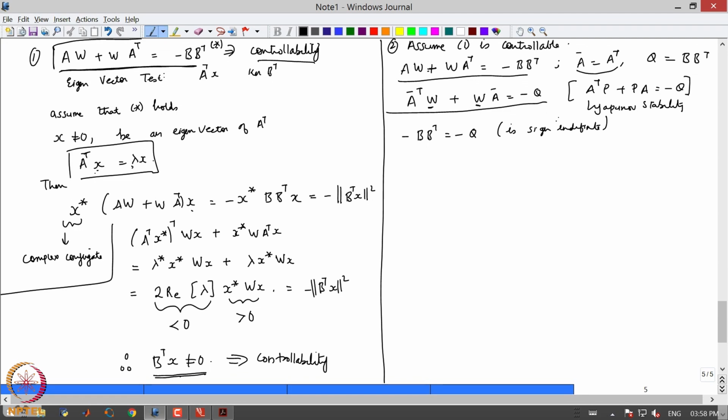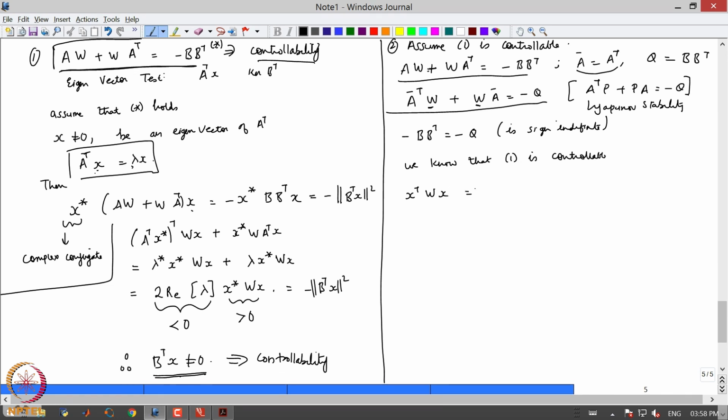But what do we know? We know that the system 1 is controllable. Now, let us see if we can make use of this. Let me start with some arbitrary vector x transpose W x.